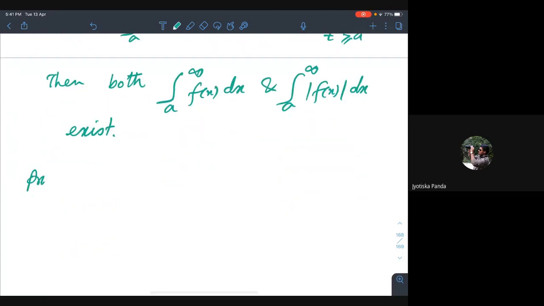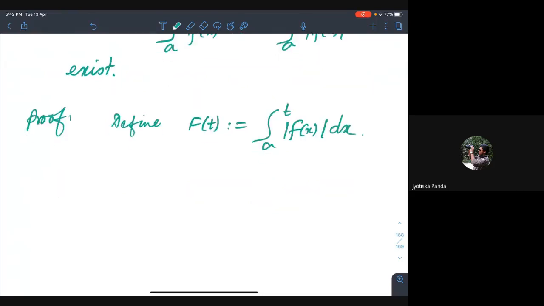So, proof. Define capital F(t) to be the integral from a to t of |f(x)| dx. So clearly F is an increasing function. You look at the integration of a positive function, and the function depends on the upper limit of the range, so it is an increasing function.